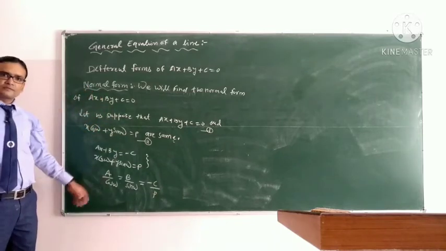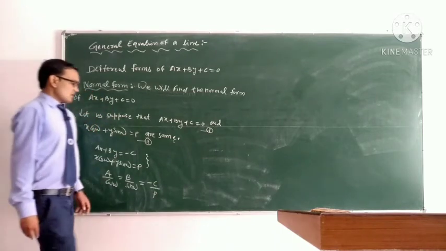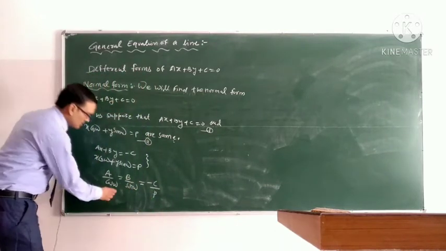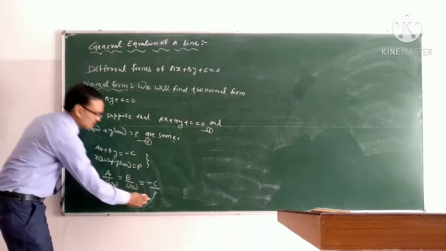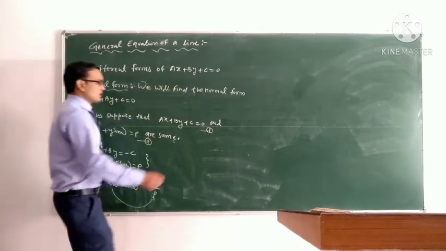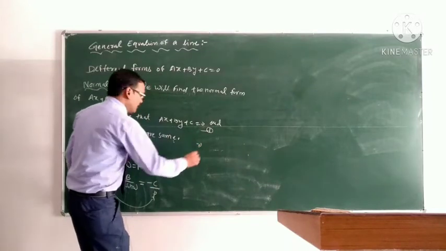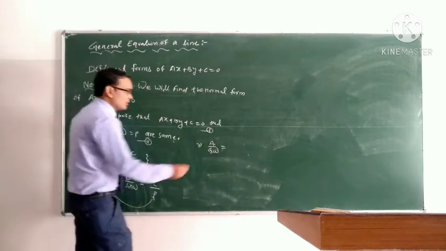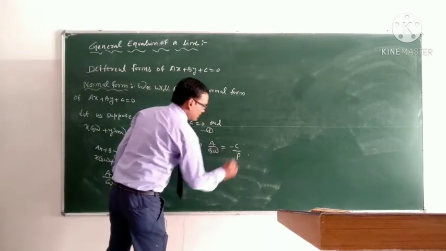Okay students, we take two parts and find the value of cos omega. This implies that a upon cos omega is equal to minus c upon p.